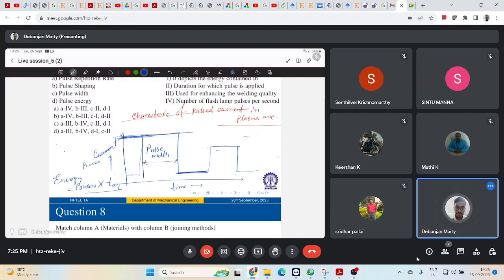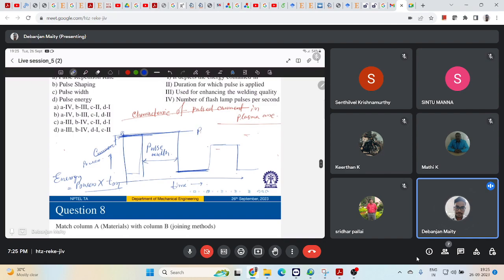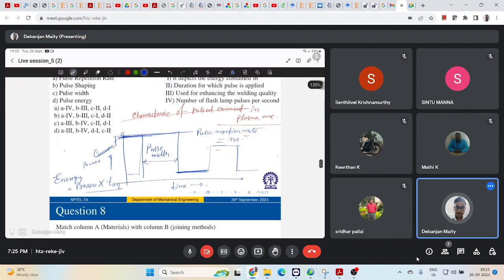It is expressed in terms of hertz. Pulse repetition rate is the number of flash lamp pulses per second. Let's keep it simple: the number of pulses per second.